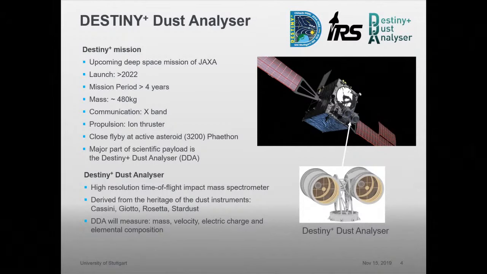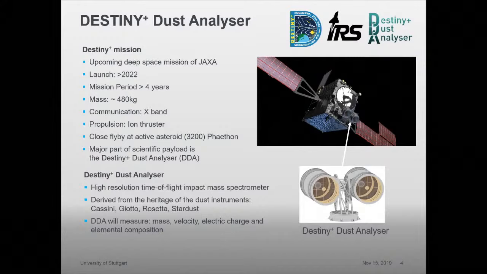And the Destiny Plus dust analyzer is a major part of the scientific payload of the mission. The instrument is able to measure cosmic dust. That means it can measure interplanetary and also interstellar dust. So it has a high resolution time of flight impact mass spectrometer.